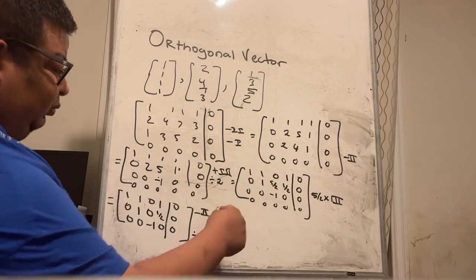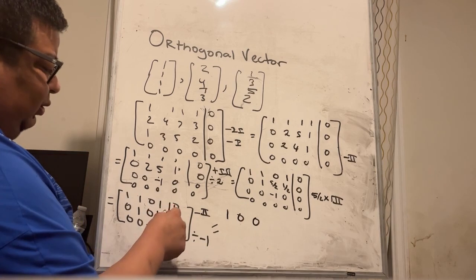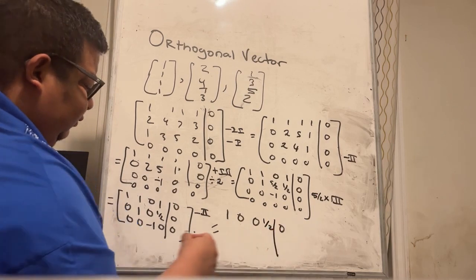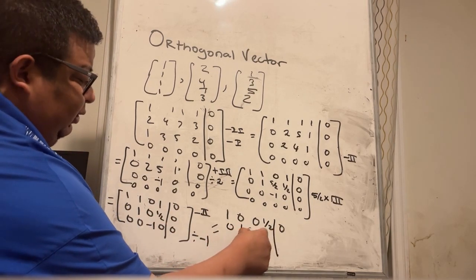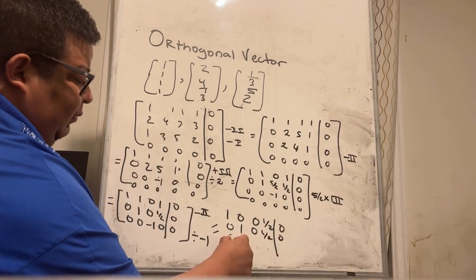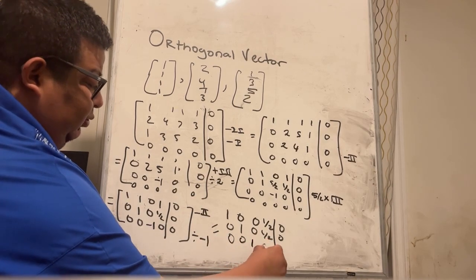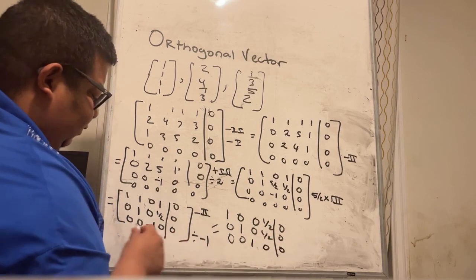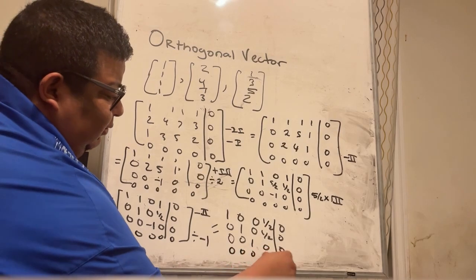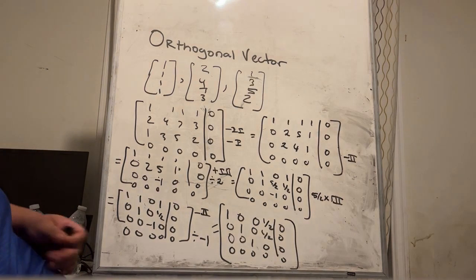So that's going to equal 1 0 0, and then 1 minus 1/2, that's 1/2, then 0, then 0 1 0 1/2 0, then 0 0 1 0 0, and of course here we have 0 0 0 0 0. The last one 0 0 0 0 0. And there we have it. We have the Gauss-Jordan elimination form.